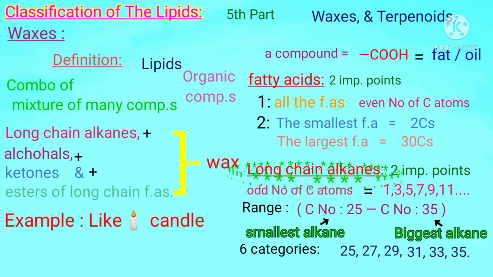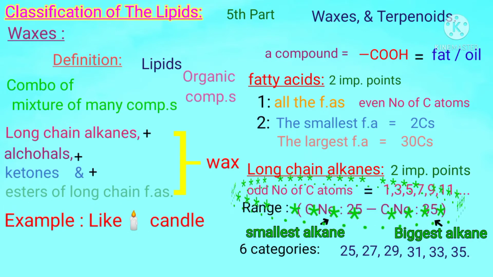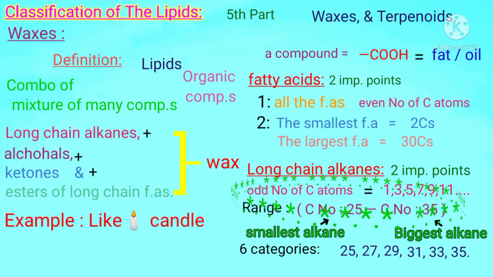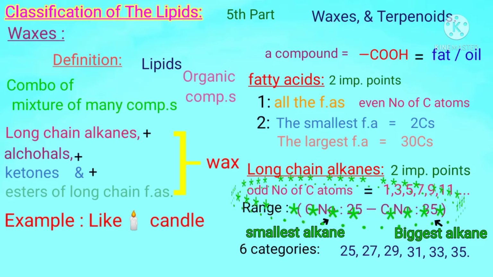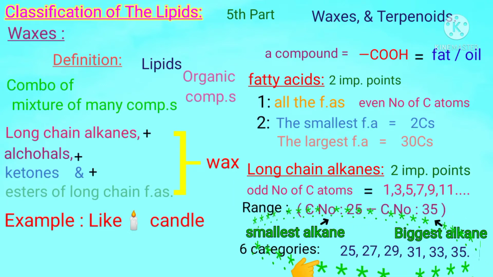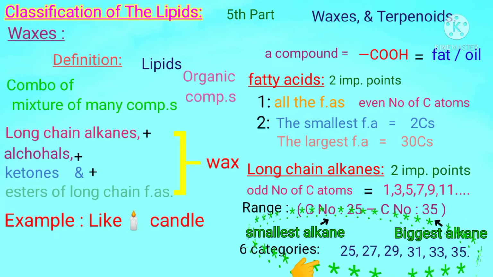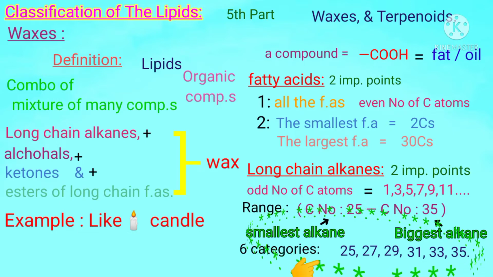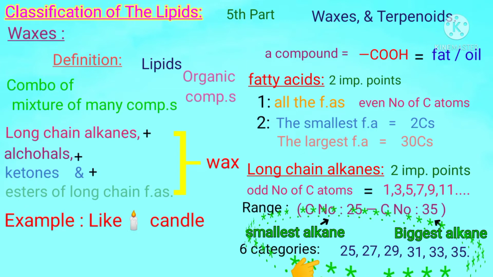Those alkanes have only an odd number of carbon atoms, not even, from carbon number 25 to 35. So the alkanes with carbon atoms 25, 27, 29, 31, 33, and 35, only with odd carbon numbers, are present.